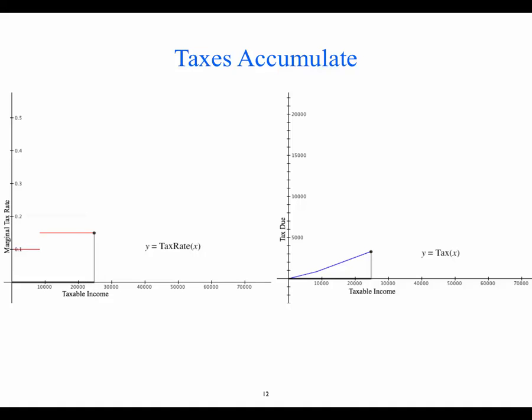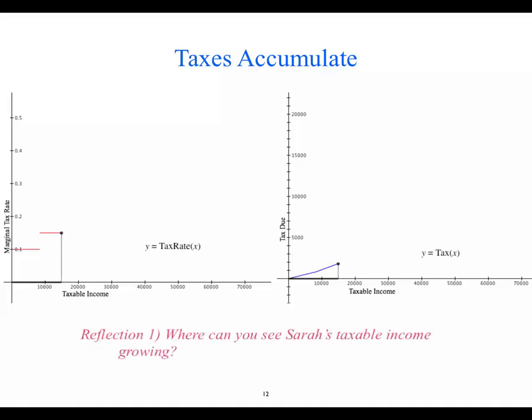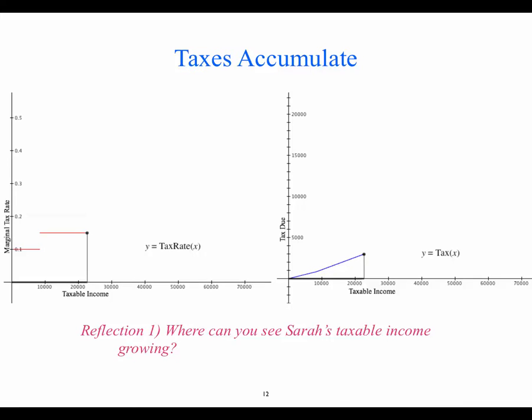Okay, so the text is small. I have a series of questions here to help you make sense of what we're looking at. Where in this animation can you see, so Sarah, this is Sarah's tax scenario, where can you see her taxable income growing?